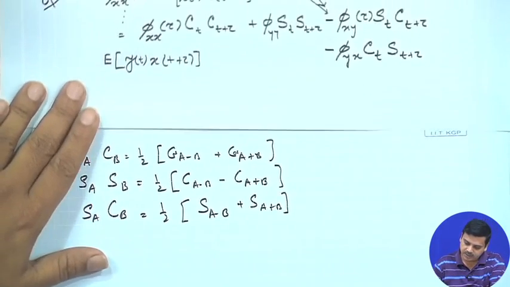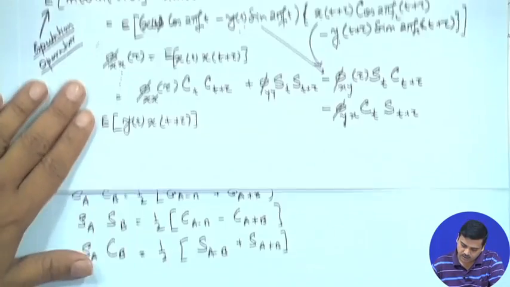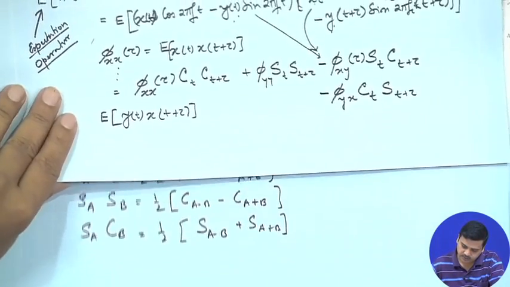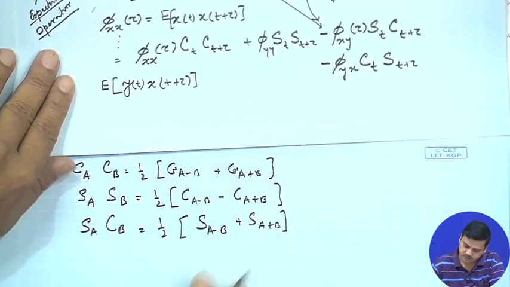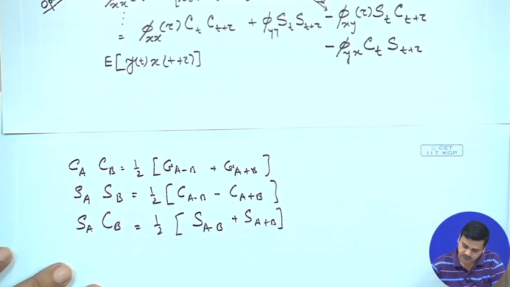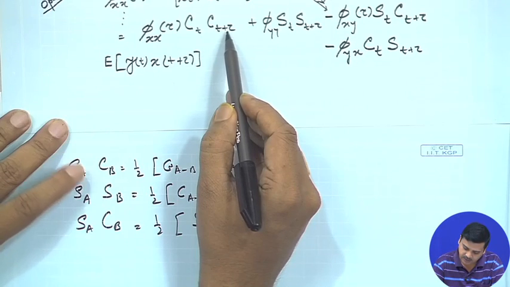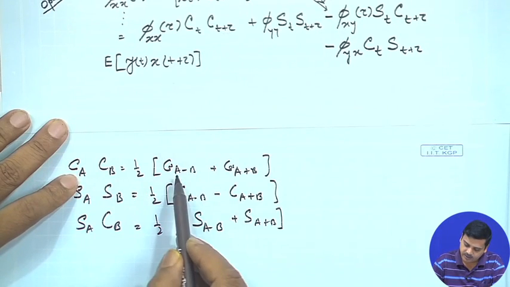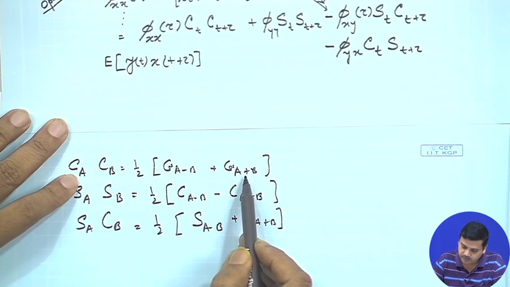So, equipped with these, when we see this particular expression above, this is sufficient for us. What we can say is cos of a plus b, that is here, we can expand in terms of cos(a minus b) and cos(a plus b).